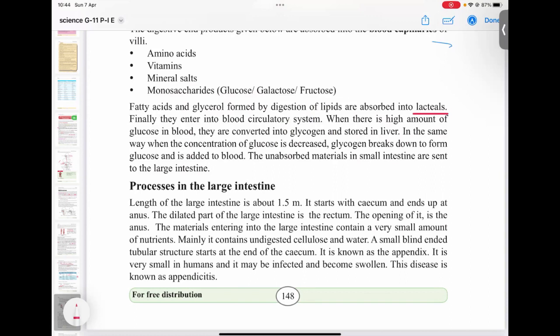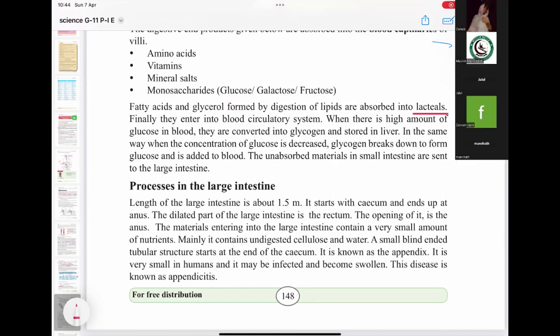Now we have eaten so much. We have eaten cake, so much sugar, and so on. What happens to your blood circulation? Glucose level goes up immediately. So we have to reduce the blood glucose level. An increase of the blood glucose level in your body is called diabetes. Obviously we don't want diabetes to happen because it's really a pain, right?